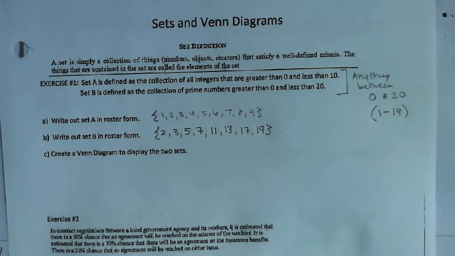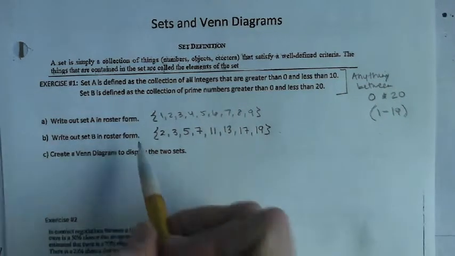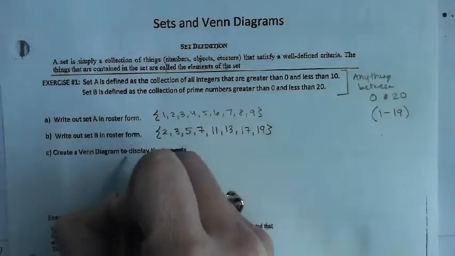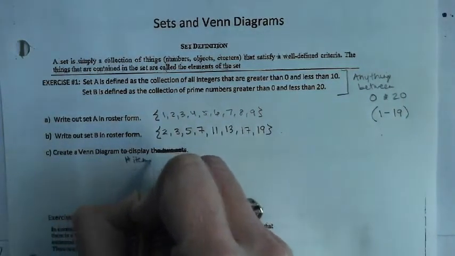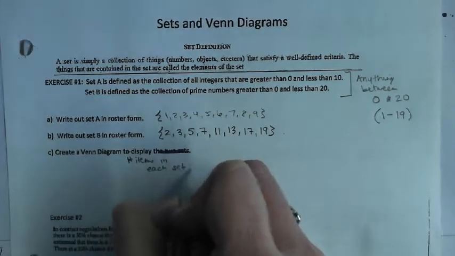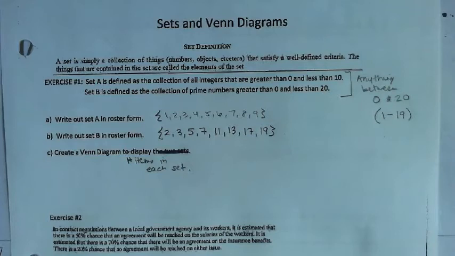So we're going to create a Venn diagram to not really display the two sets, but to display the number of items in each set. And I'm going to show you how a Venn diagram works. First of all, raise your hand if you've heard of a Venn diagram. What do you think of, Maggie, when you think of a Venn diagram?